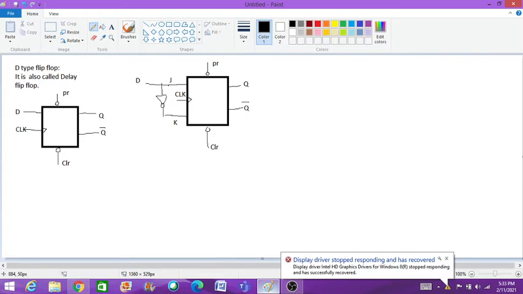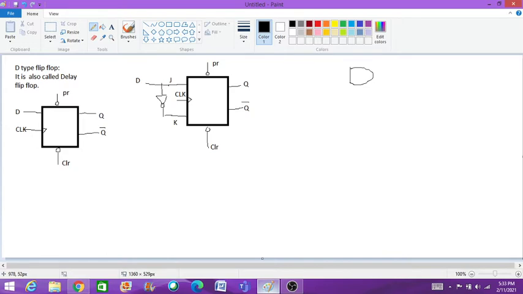So if we consider the SR flip-flop, here we show the diagram. There are 4 NAND gates you are using. You already know about the SR flip-flop. It is simply a latch circuit.